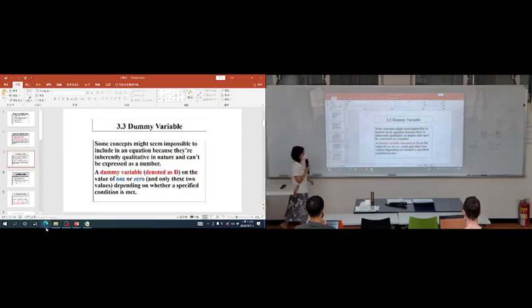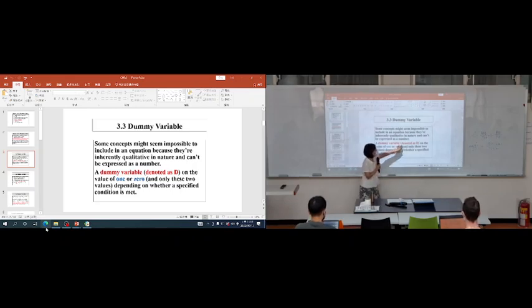So we're saying that we can use a dummy variable. Why do we call them dummies? Usually I use x as a numerical variable. Now these are also x variables, but not numerical.